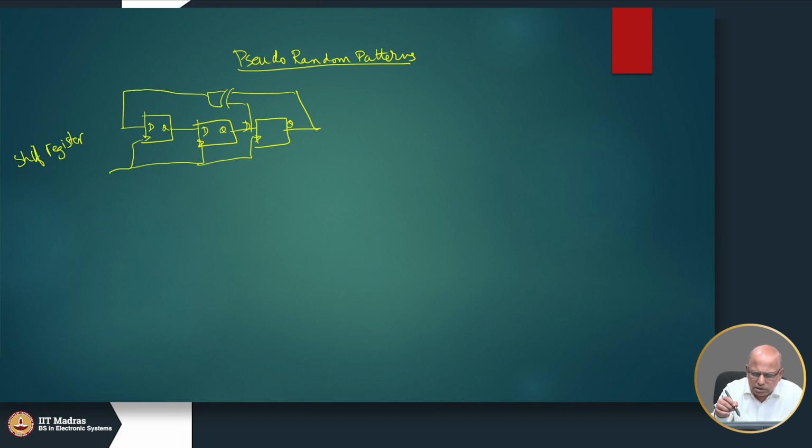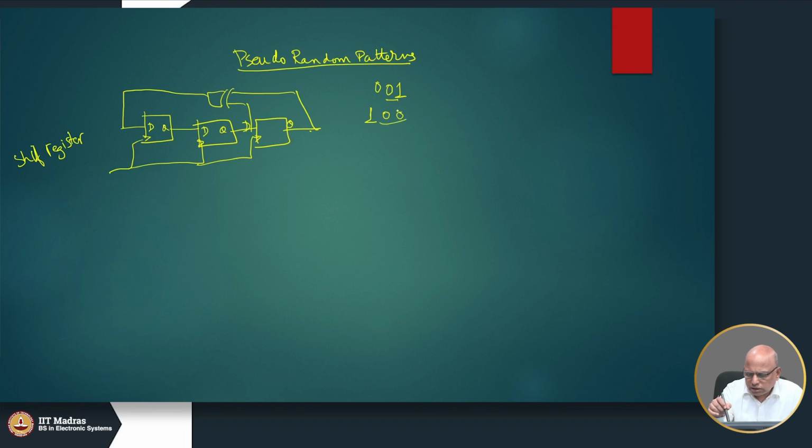Let us assume that the initial state of the flip flops has been adjusted to be 0 0 1. We should not initialize it to 0 0 0. Then when the clock comes, the XOR of 0 and 1 will be loaded into the leftmost flop and the other 2 bits will shift.